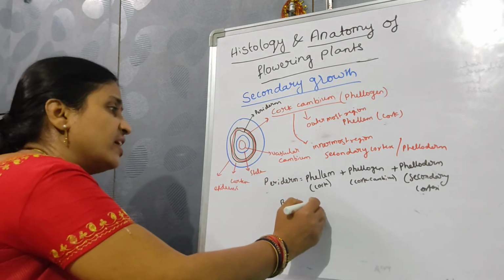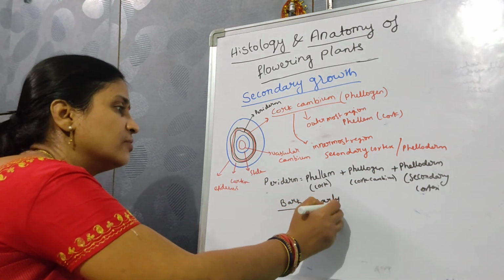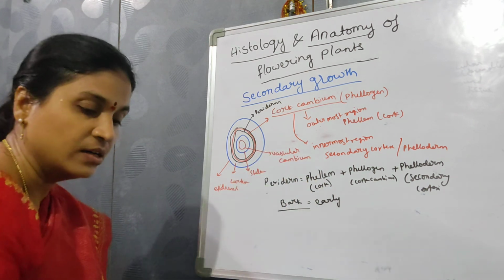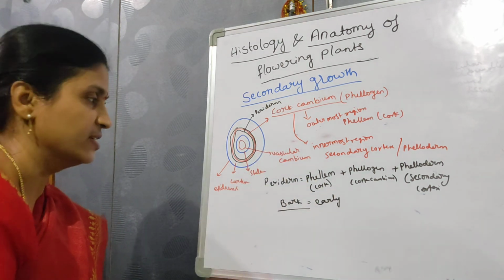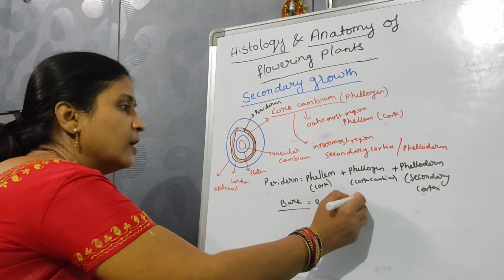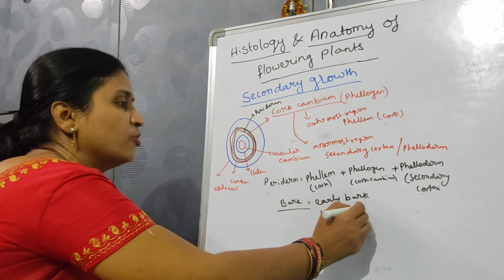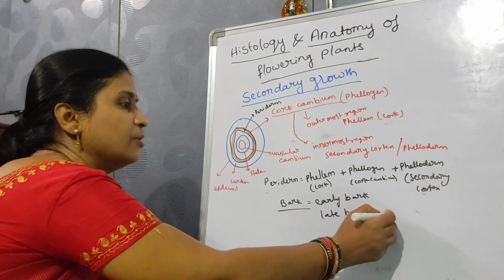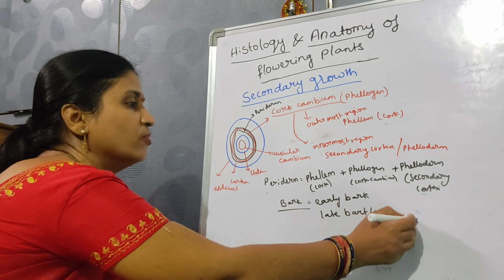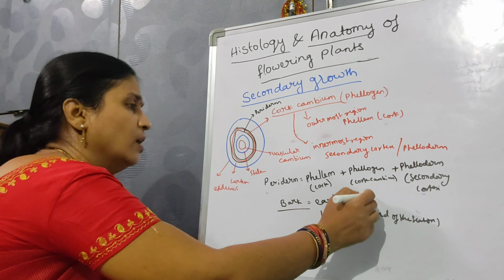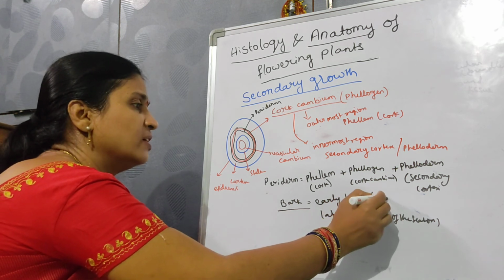This bark is also divided into early bark, which is formed early in the season, and late bark, which is going to form at the end of the season.